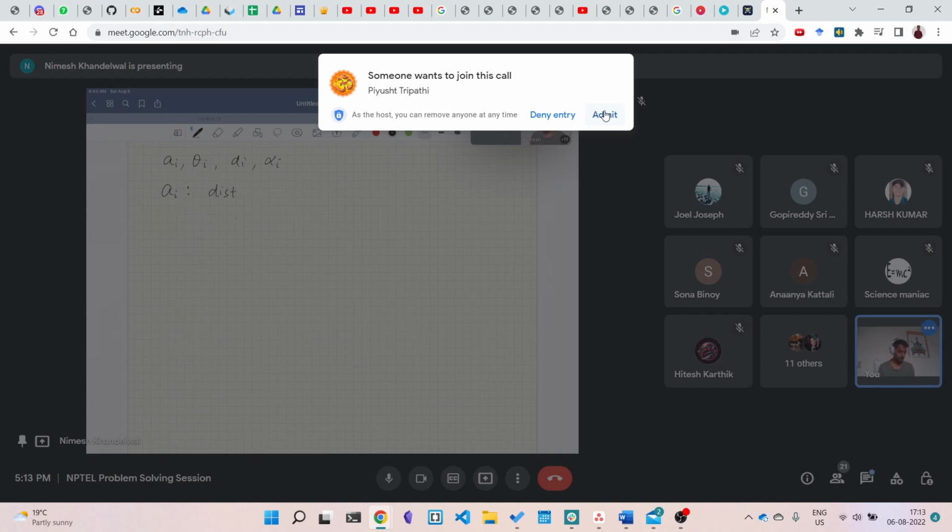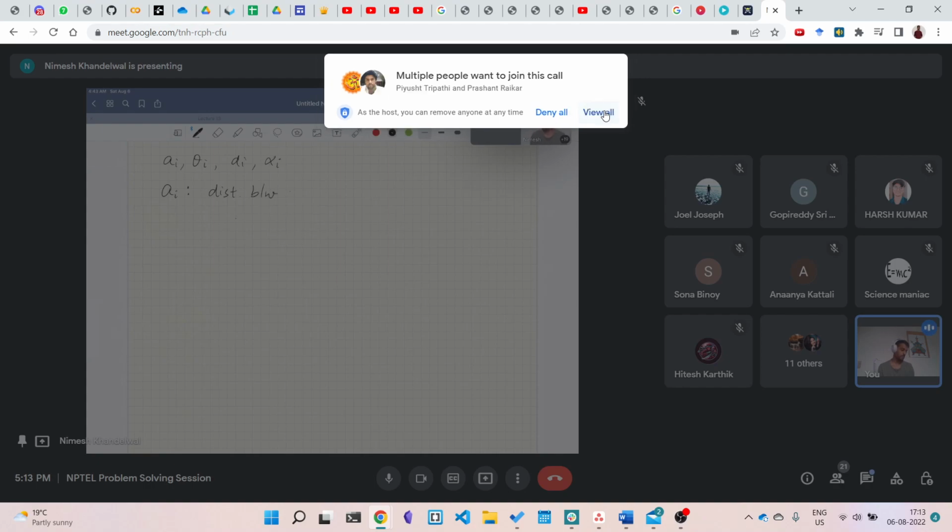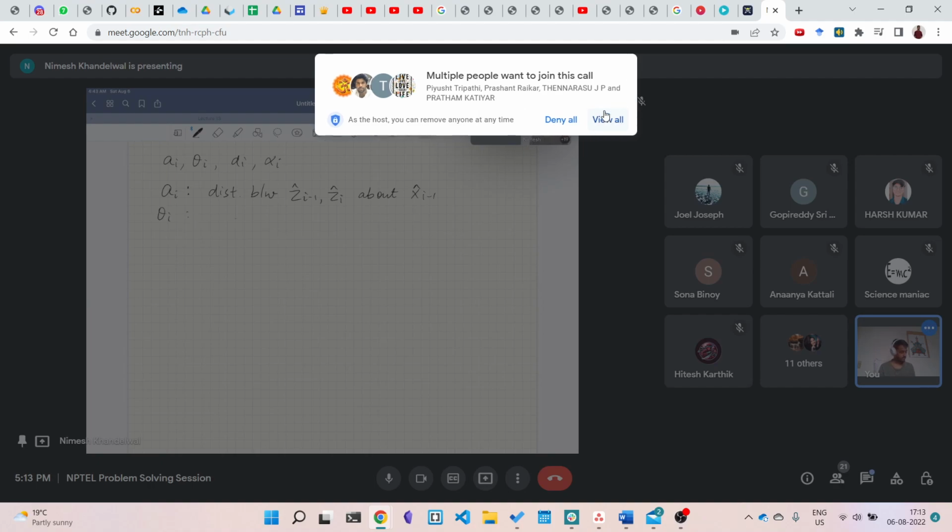This is the distance between Z I minus 1 and Z I. These are all unit vectors about X I minus 1. And this is called link length.